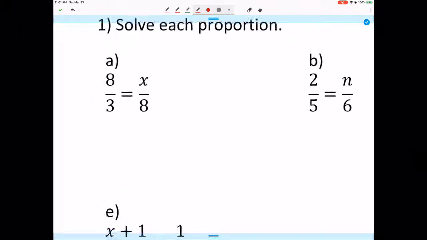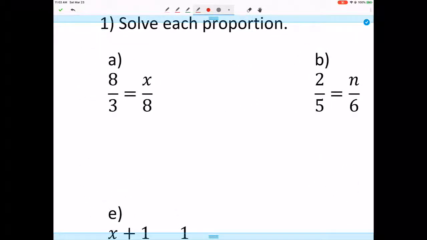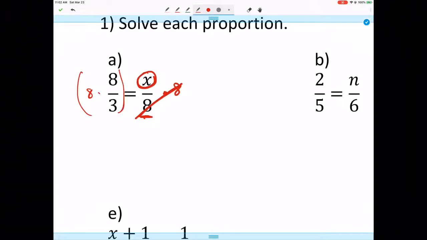So to solve for x, we're going to do a first. All we need to find is x. So we just need to get rid of this 8. We can multiply both sides by 8. That would cancel, and then x equals this whole part. You could plug that in your calculator.